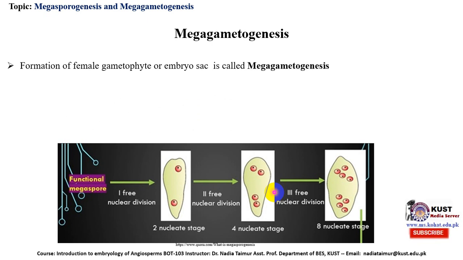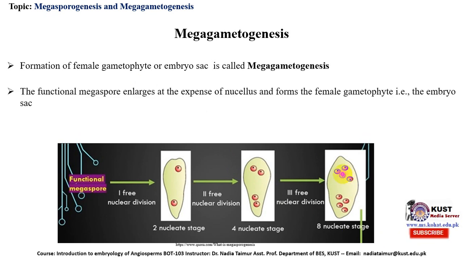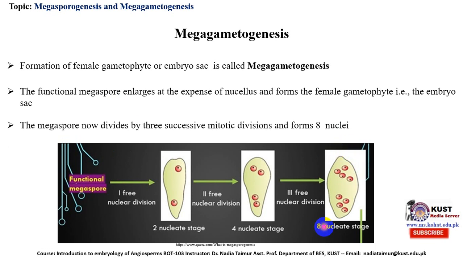Now we come to the topic megagametogenesis. Megagametogenesis is the process in which female gametophyte or embryo sac is formed. As we discussed earlier, the single functional megaspore enlarges at the expense of nucellus and forms the female gametophyte or the embryo sac.